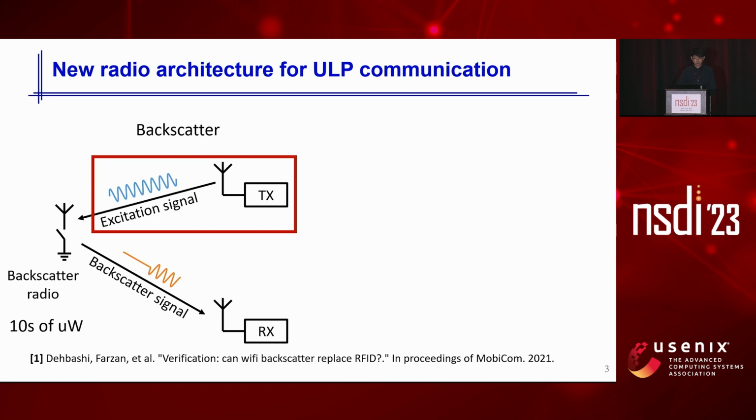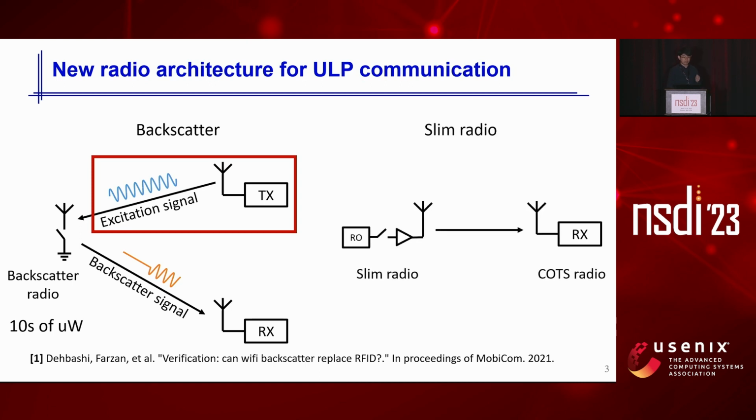To address these problems, we try to shift our side back to active transmission. We proposed an active but simplified slim radio architecture in order to support standalone operation, but we can still maintain the power consumption at a level of tens of microwatts, similar to what backscatter can do.